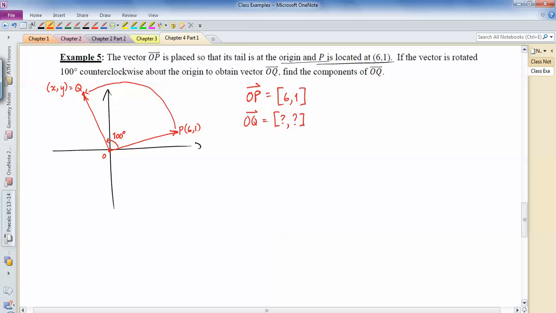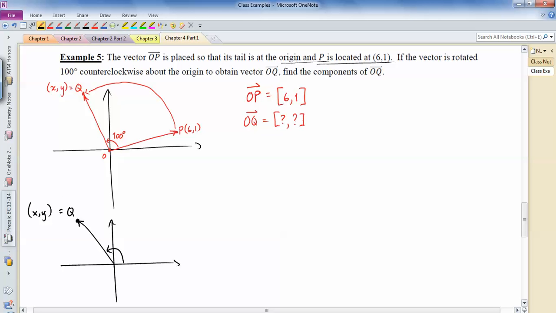If I rewrite this problem down here, here's Q right there, Q equals x y.